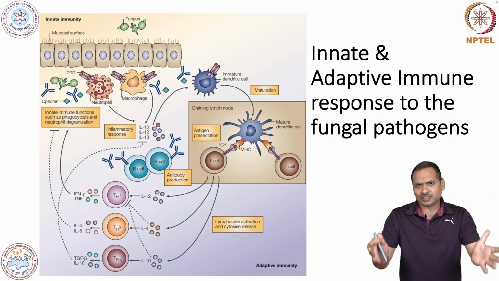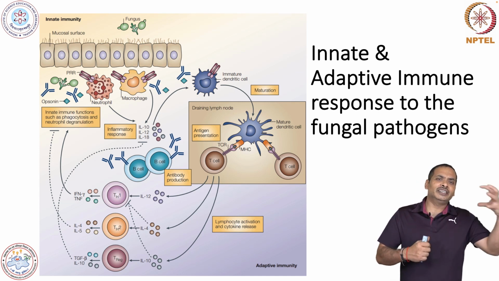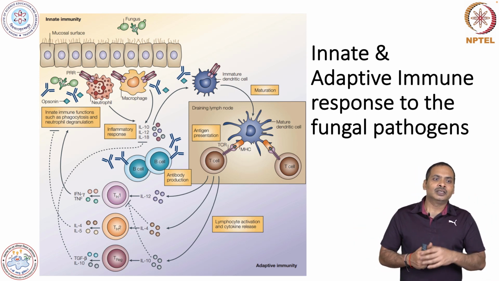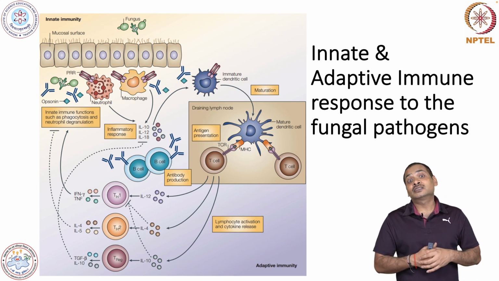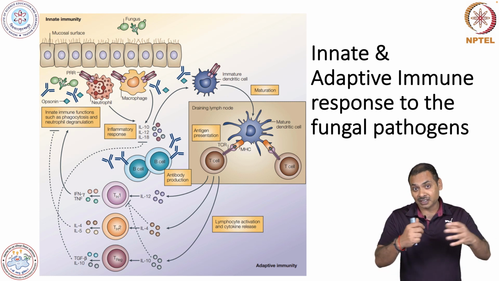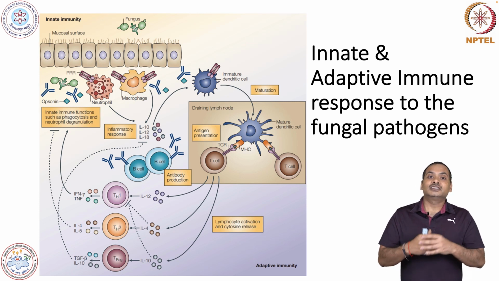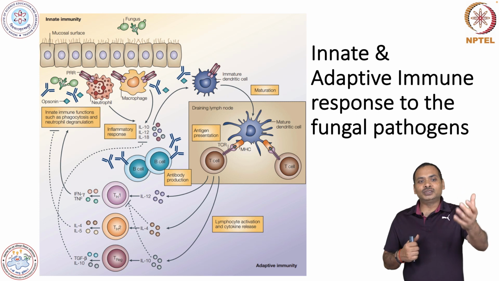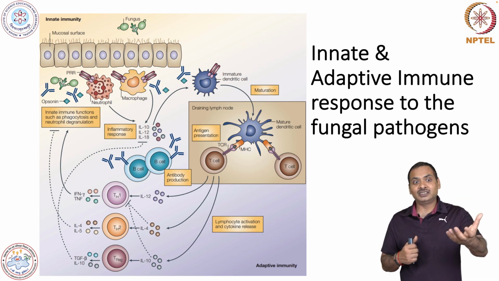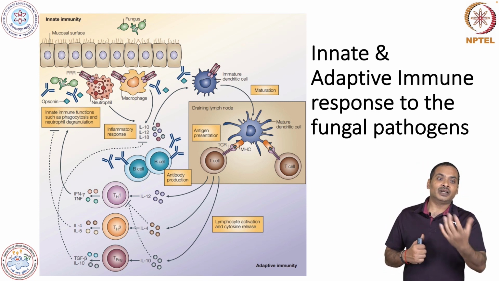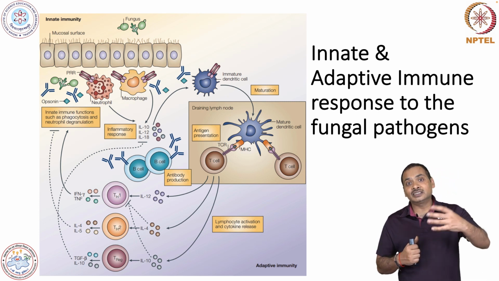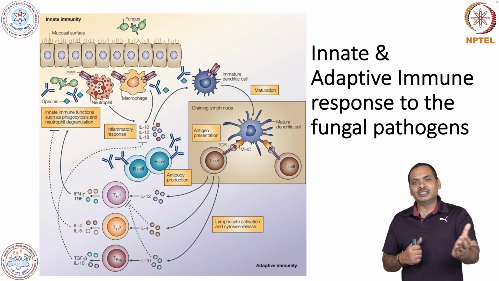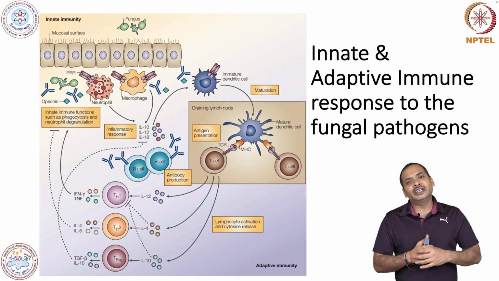This is a summary of how the innate and adaptive immunity take care of fungal infection. You have seen there are various kinds of PRRs, mainly belonging to the C-type lectin receptors. Upon sensing, this can be sensed by neutrophils and macrophages, and the fungus can be opsonized by C3b or antibody, and basically this will induce the innate immune response.